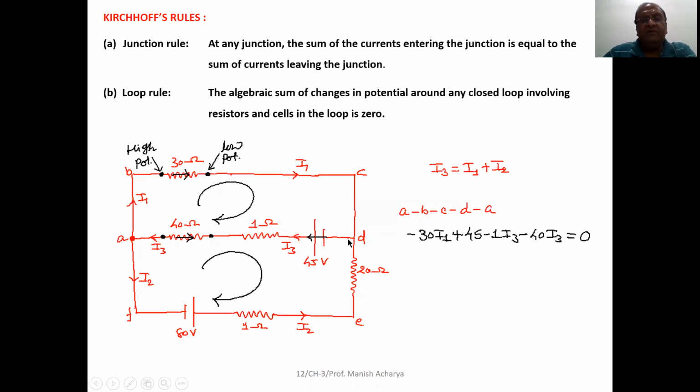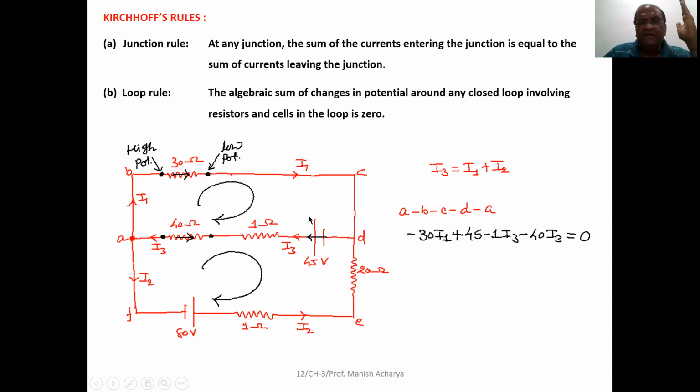Then after, when we move from D to A, at that time first the negative terminal appears, then after that the positive terminal of the battery. The negative terminal of the battery is at lower potential. The positive terminal is at higher potential.